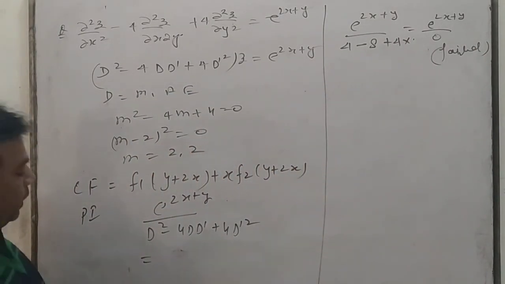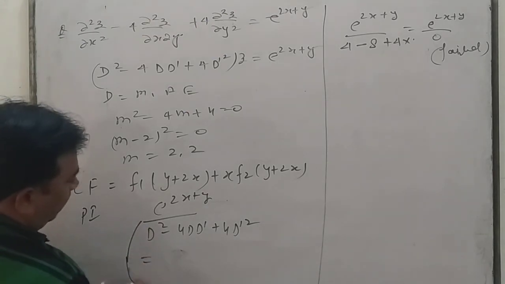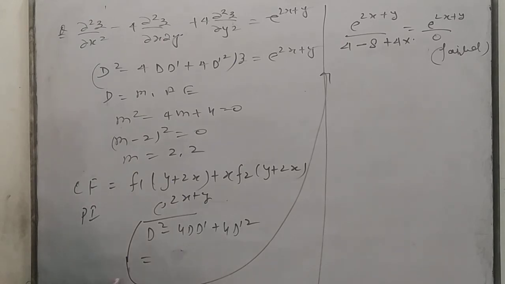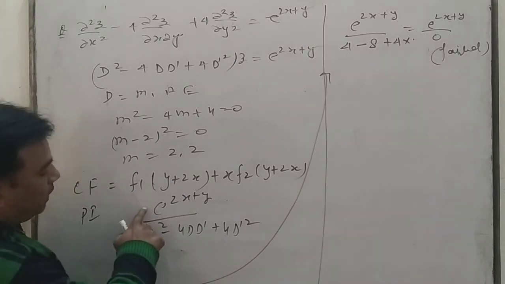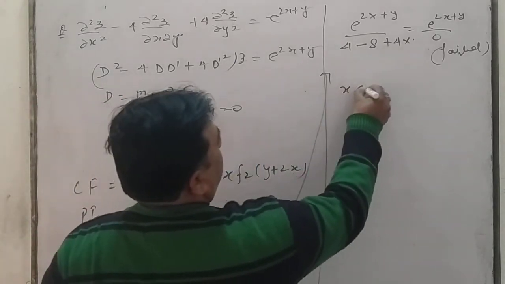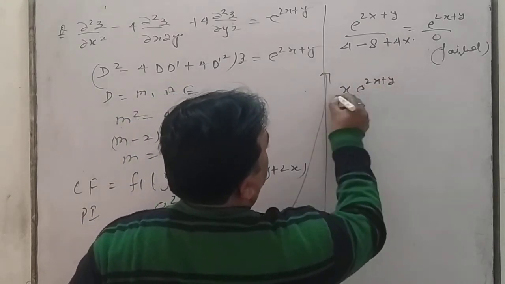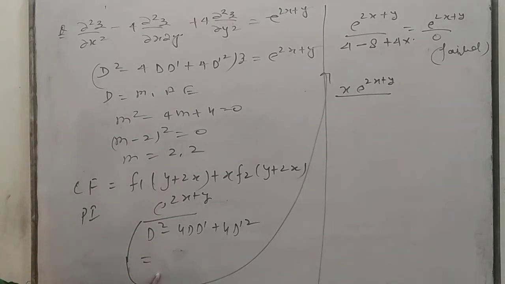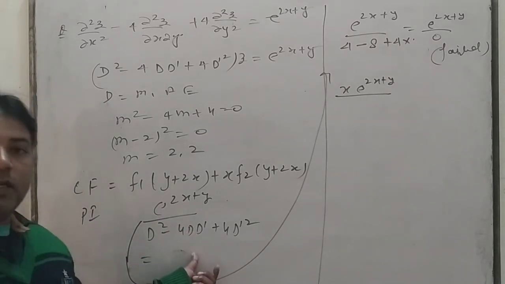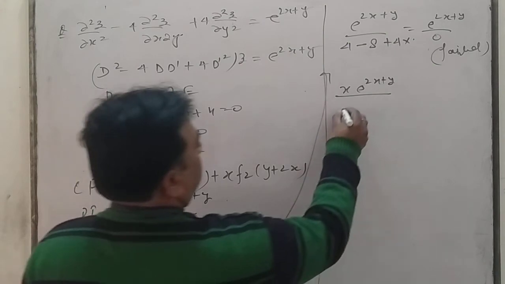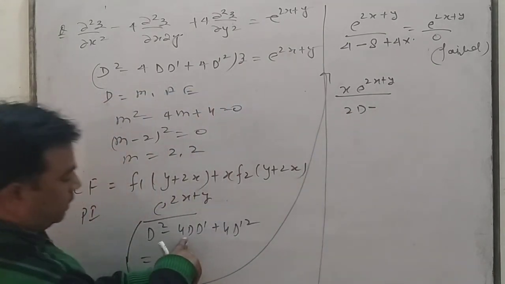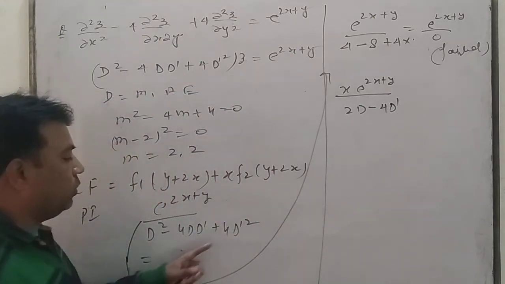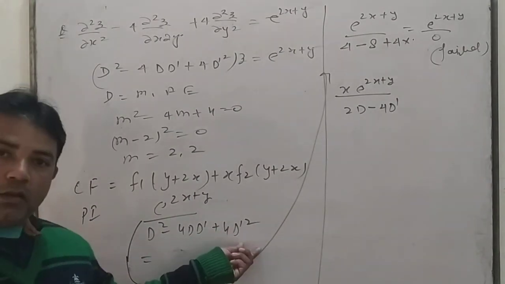You go to this step. Again, as discussed in the previous method, multiply the numerator by x: x e to the power 2x plus y. After then differentiate the denominator with respect to d, and d dash is treated as a constant. Then 2d minus the differentiation of 4d d dash, this value will be 0 because d dash is a constant.